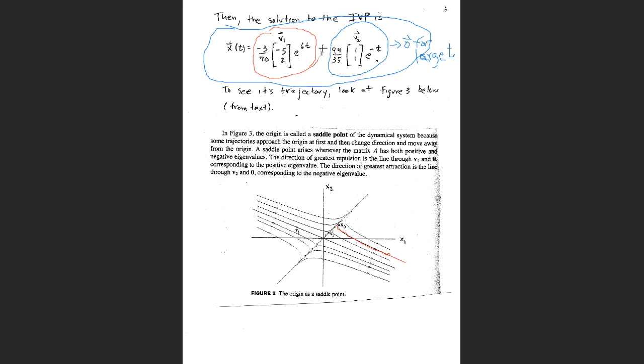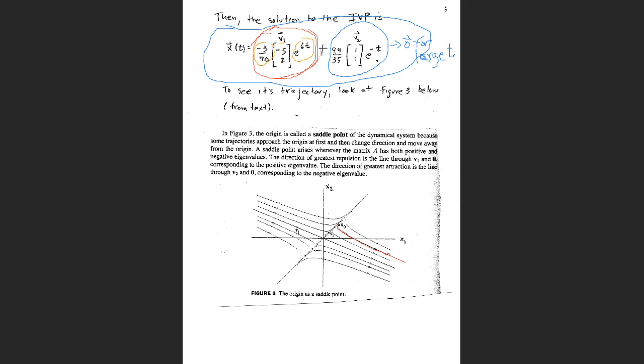For this part of the solution here, you have a scalar function, negative 3/70 times e to the 16th power times the eigenvector v1.